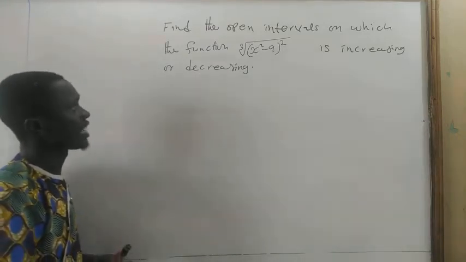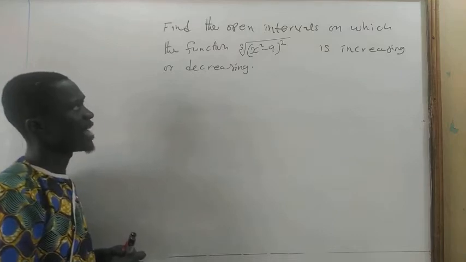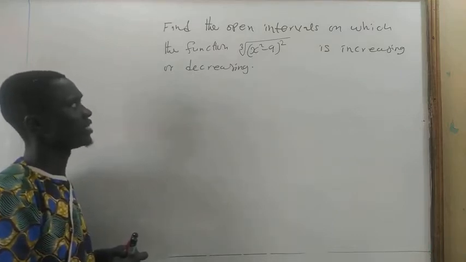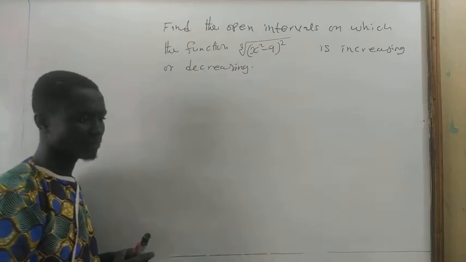Find the open intervals on which the function cube root of (x squared minus 9) to the power 2 is increasing or decreasing.